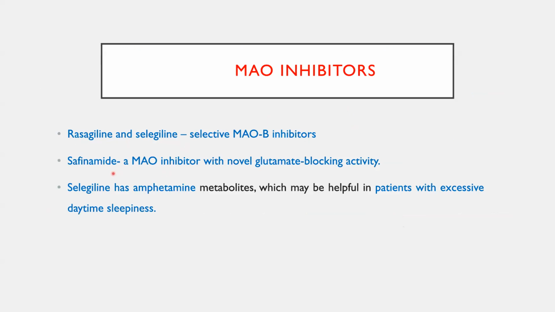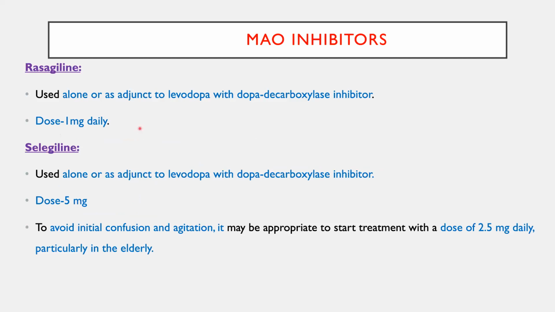Selegiline has a good effect, as it has an amphetamine metabolite and decreases daytime sleepiness. So if a patient is having excessive daytime sleepiness, better you give selegiline in the morning. That will take care of your Parkinsonism and excessive daytime sleepiness also. It is available in 2.5 mg and 5 mg preparations. Same as I told earlier, I think we already discussed the drugs.